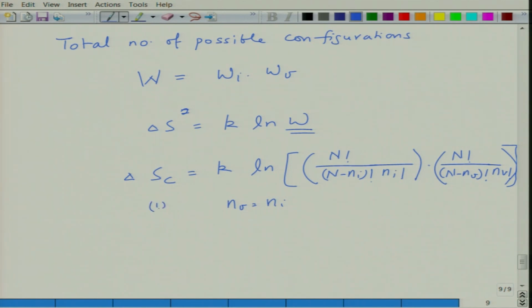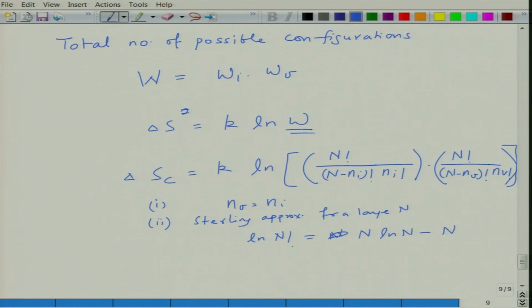So, first condition is nv is equal to ni, then the second approximation is Stirling approximation for a large n, that is ln of n factorial is equal to n ln n minus n. For large numbers we make this approximation.